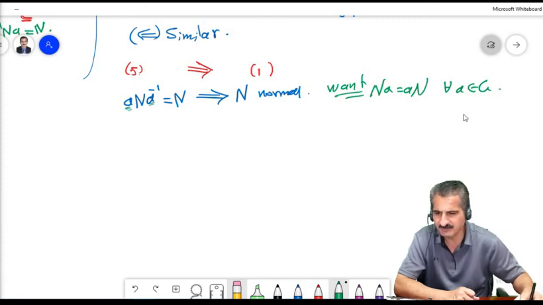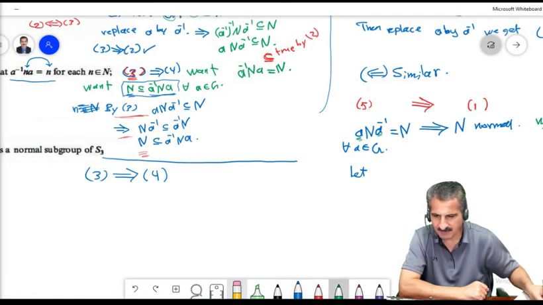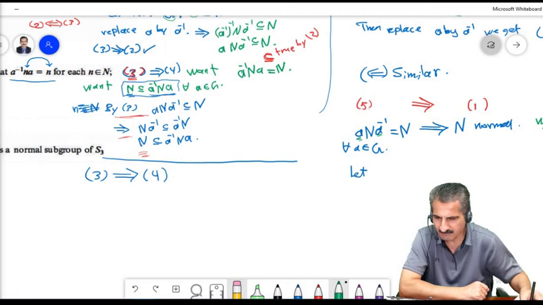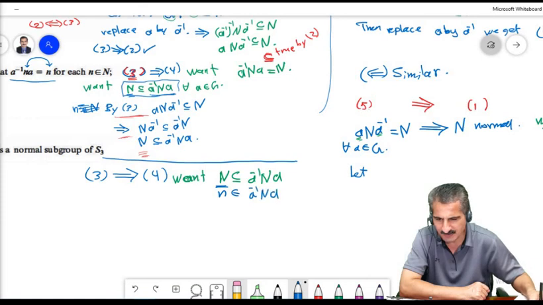This statement is assumed to be true for every element in G. Now the part which is left to prove is n is contained in A inverse n A. We cannot simply say multiply A from both sides. We need to choose n here, small n, and prove it belongs to this thing. This is what we want. So let's start with the small n.